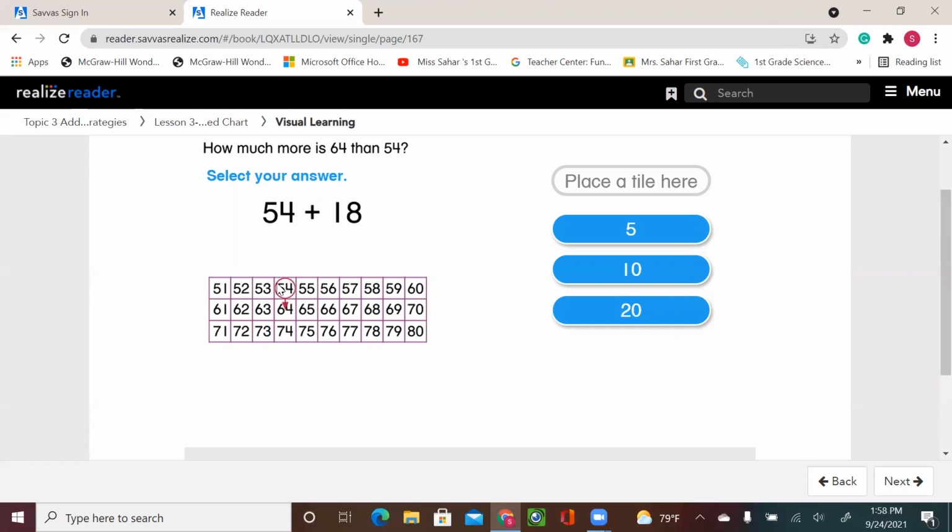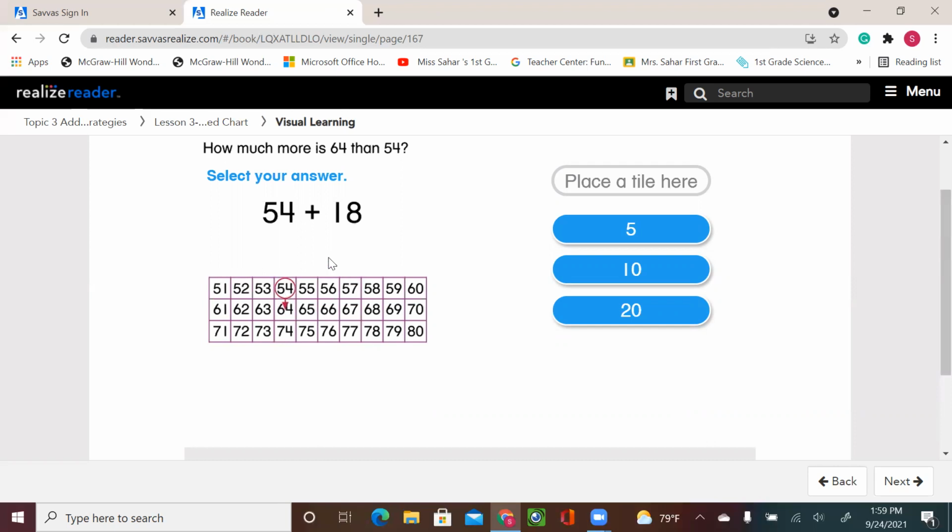So when we add 54 plus 18, I look at the tens. How many tens do we have? 1. When I add tens, if you remember, we go down on the 100 chart. That means I'm going to go down 10, which is one row. So this is one row, 64. And then how many ones do we have? 8. So we're going to count 8 ones.